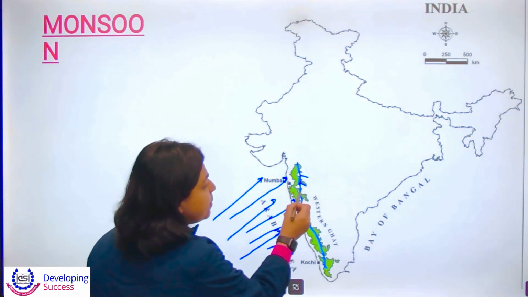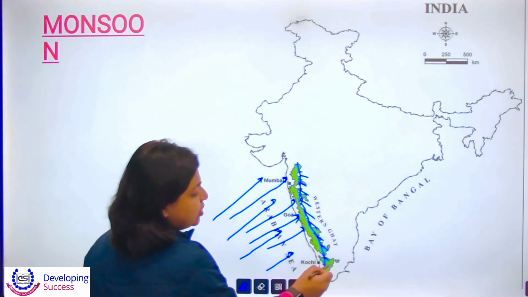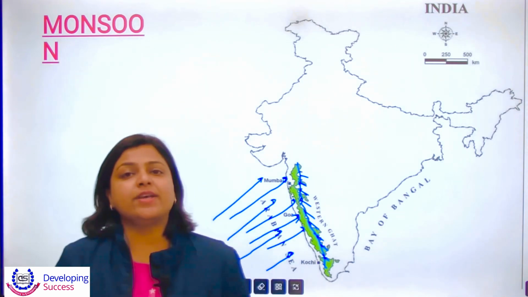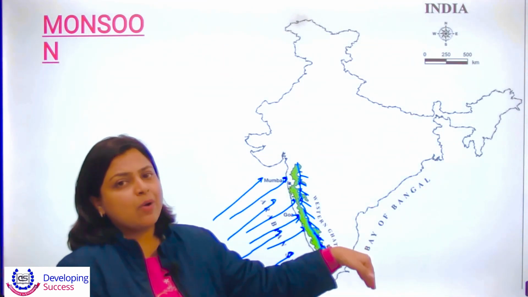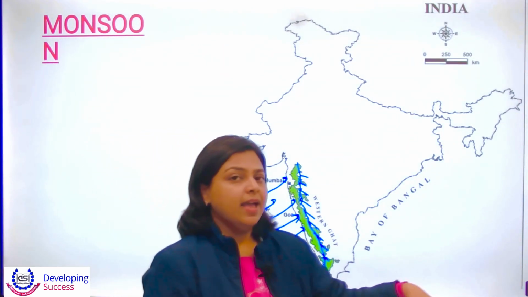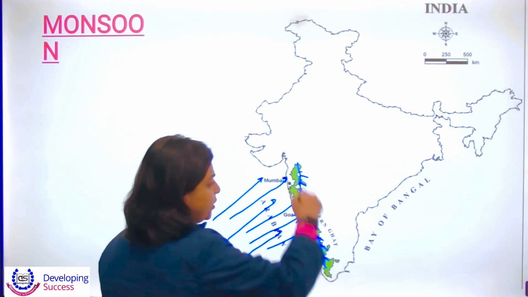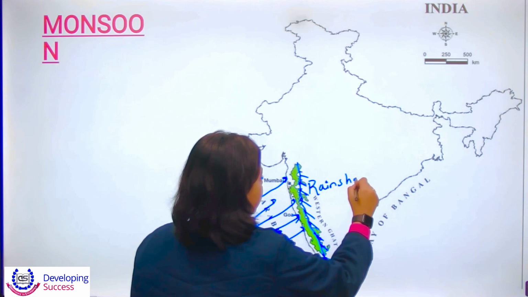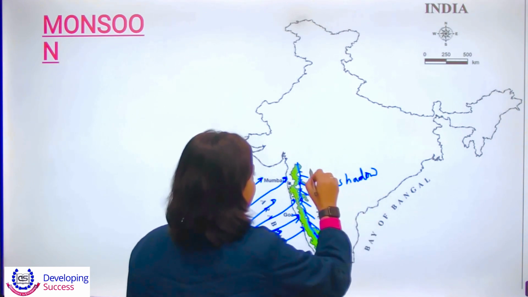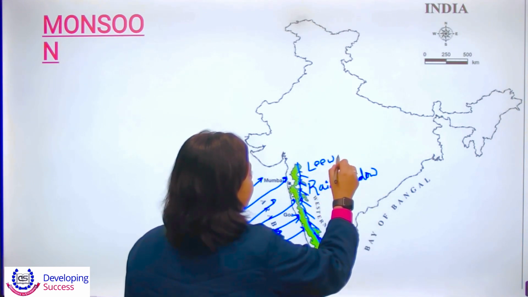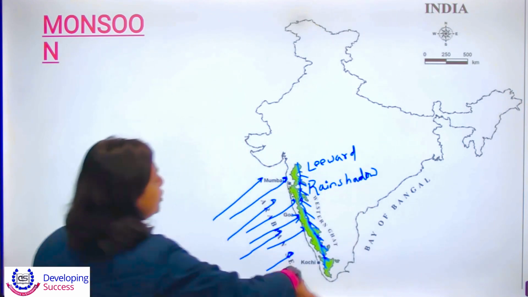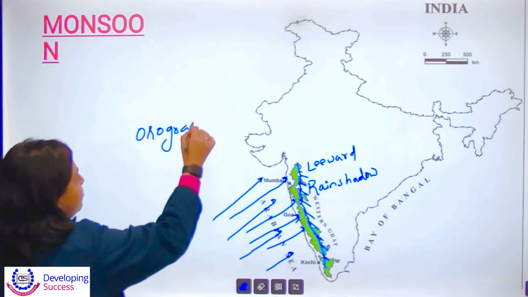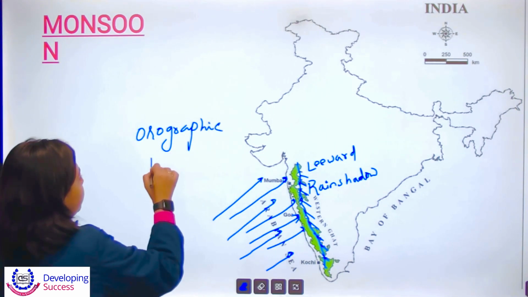On the other side, the rainfall is not much because it receives only the leftover rainfall. The leftover moist air crosses the mountains and goes that side, and that is why this zone is known as the rain shadow zone, and this side is known as the leeward side. This kind of rainfall is known as orographic rainfall.